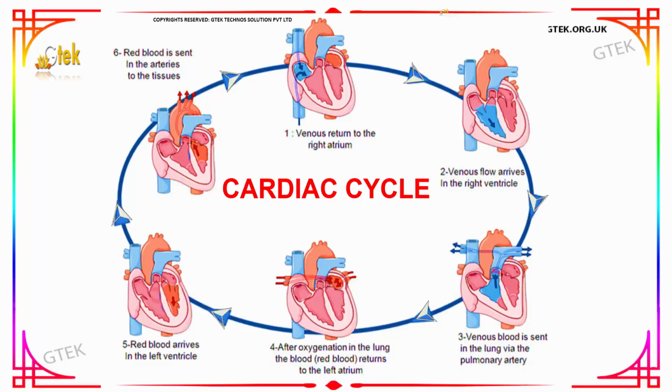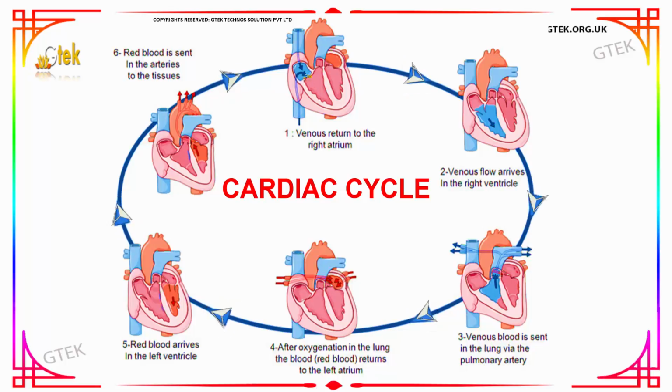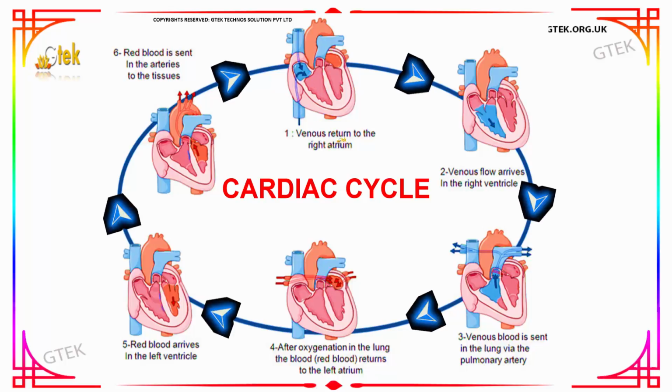So this is your cardiac cycle. Initially the impure blood enters through your superior and inferior vena cava into the right atrium.